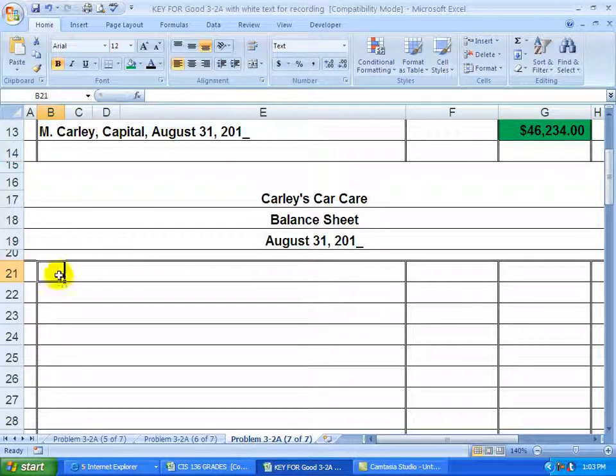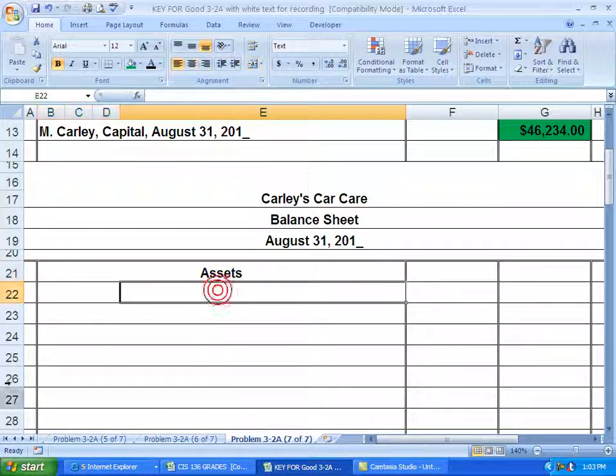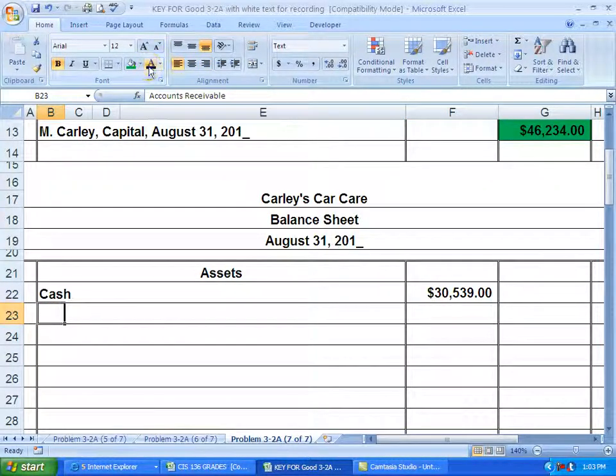And out of tradition, the term assets here is centered. Start listing the assets, starting with cash. We're going to put them in the first column, so this is coming right off of your trial balance.